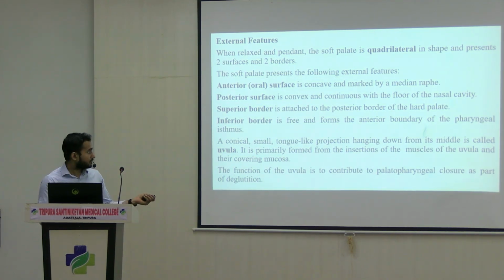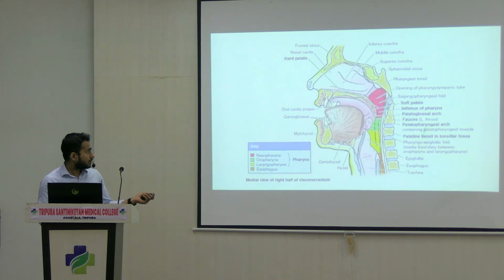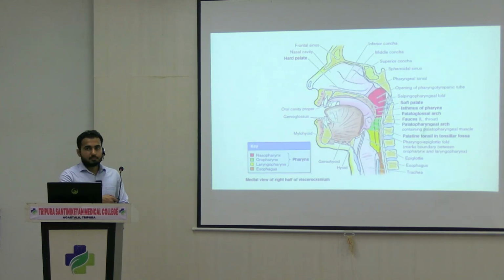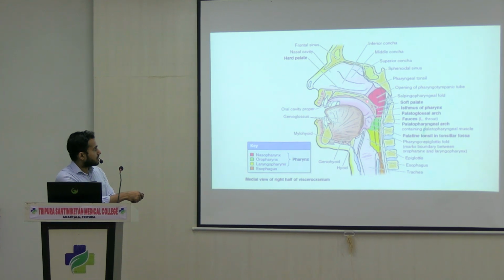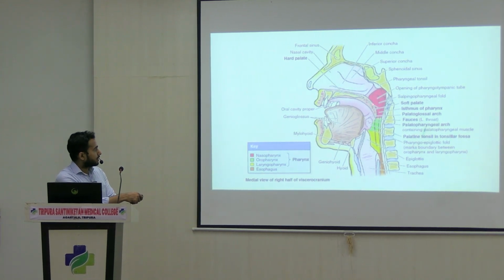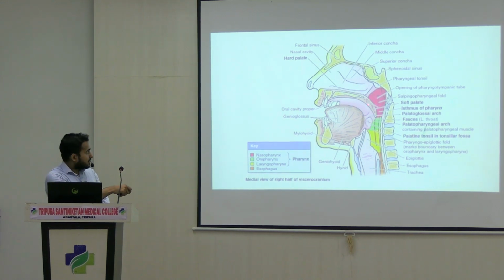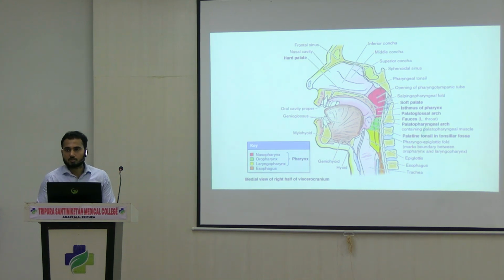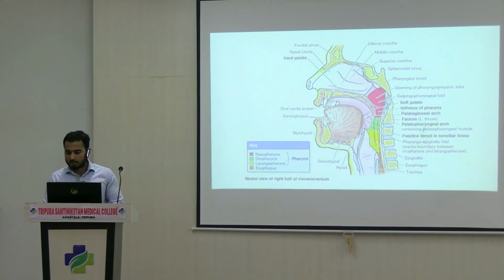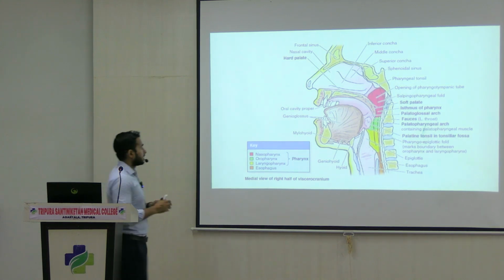Now let me show you the diagram. In this diagram, can you see the soft palate? This is the soft palate, this is the anterior surface and this is the posterior surface. As I said, the anterior surface is concave. Please focus over here.